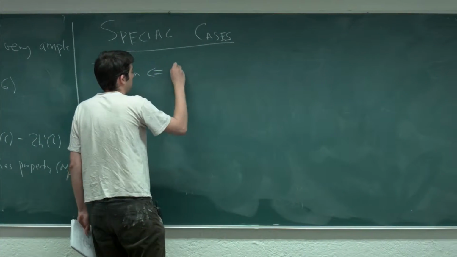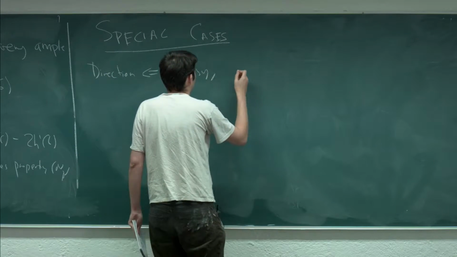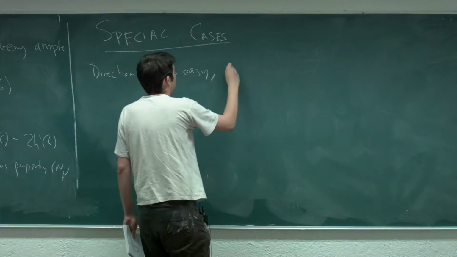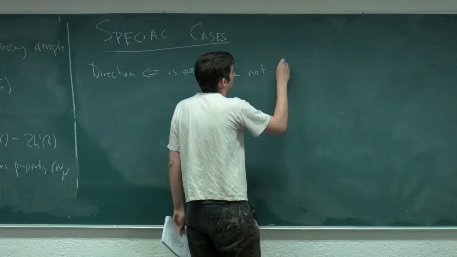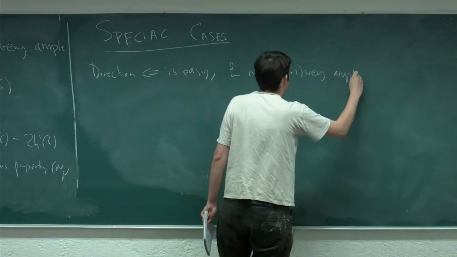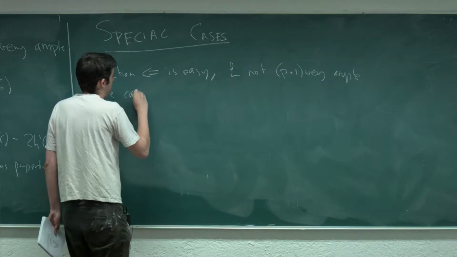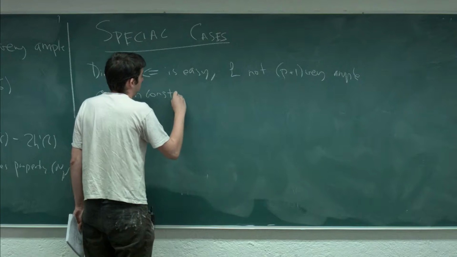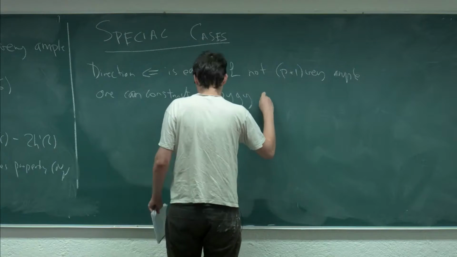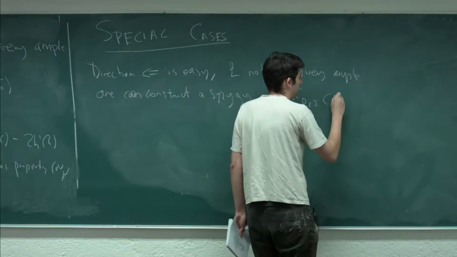In other words, it was shown in this paper in 1986 already that if L is not (p plus 1)-very ample, one can construct a syzygy in K_{p,2}(C,L). So in particular, the group K_{p,2}(C,L) is non-zero.